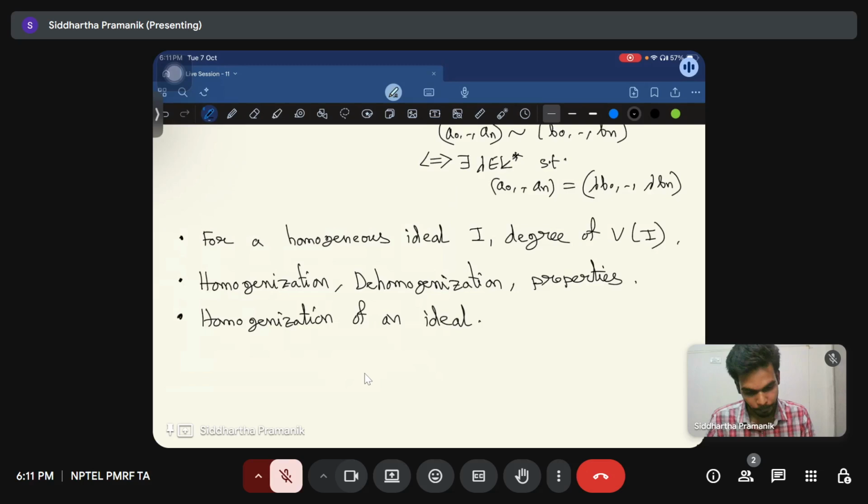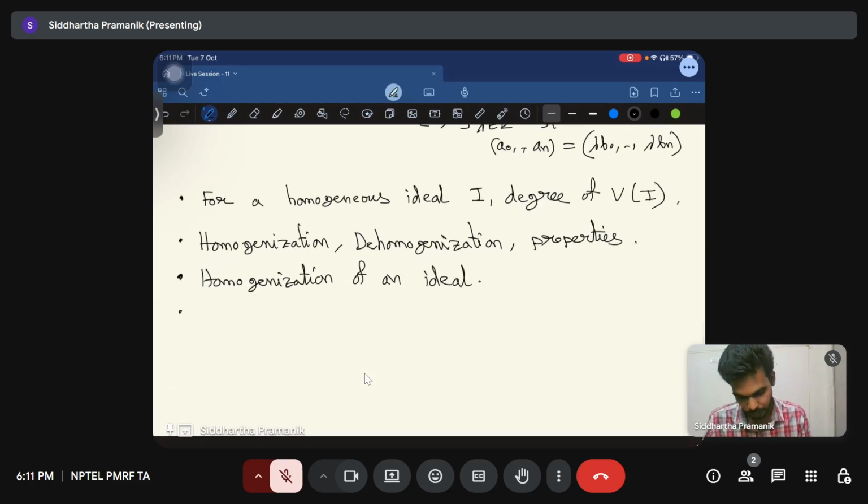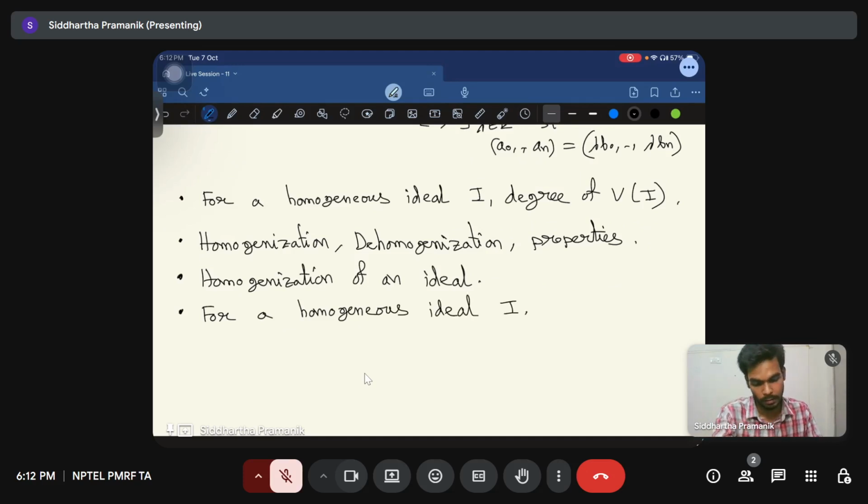After that, we have seen that for a homogeneous ideal I, we have the initial ideal of I with respect to some monomial order.